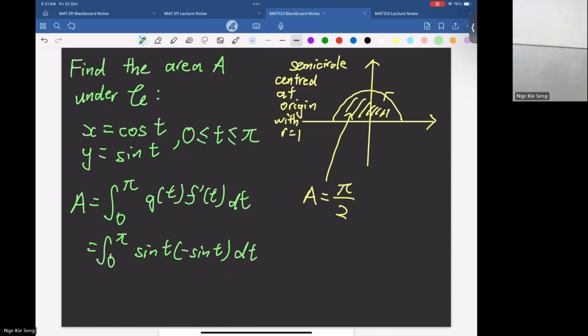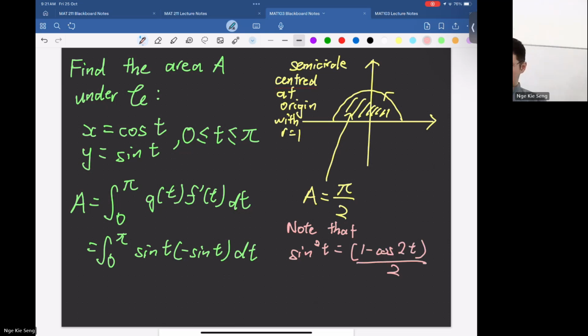Try to do this integral. Okay, seems like some of you got it already.